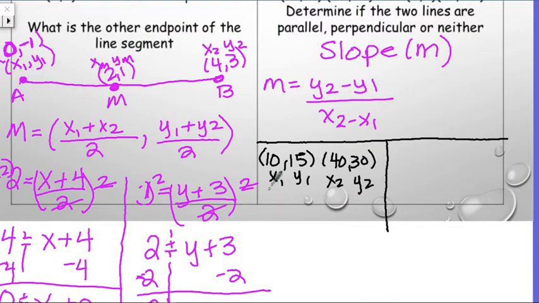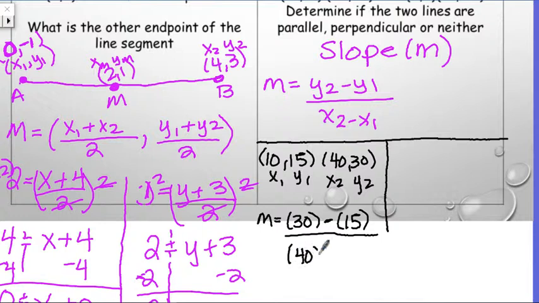So we're going to say Y2, and remember when you substitute into this formula, make sure you put the numbers that you're substituting in parentheses, minus 15, over 40 minus 10.